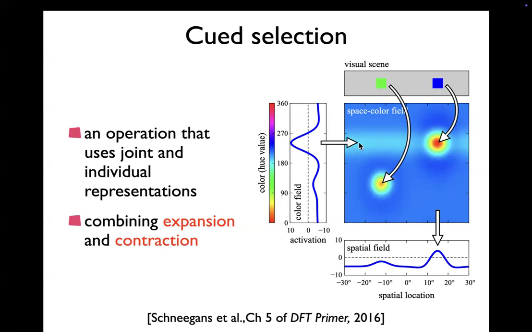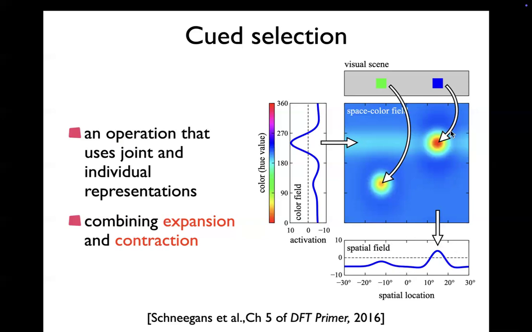And the notion would be that that query would be represented in one of those low dimensional fields. So here, blue, that's the query you're looking for. And you do an expansion mapping into this joint representation. And then you can arrange that only those locations where this expansion mapping, this ridge, overlaps with the two-dimensional input, a peak is formed. Or you could actually make the competition in the contraction mapping.